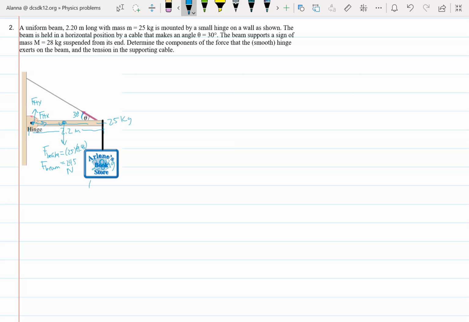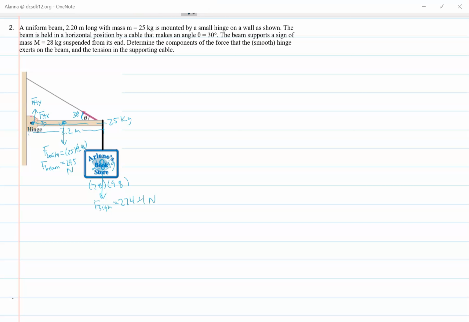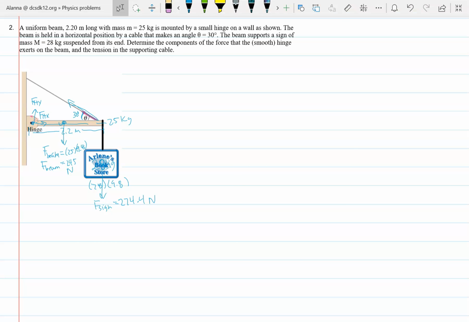So the sign is 28 kilograms. Multiply that by 9.8. So the force from the sign is equal to 274.4 newtons. And then we've got the tension from the cable. I'm going to call that T. And we know that there will be a y component, which I'll call Ty, and an x component, which I'll call Tx.